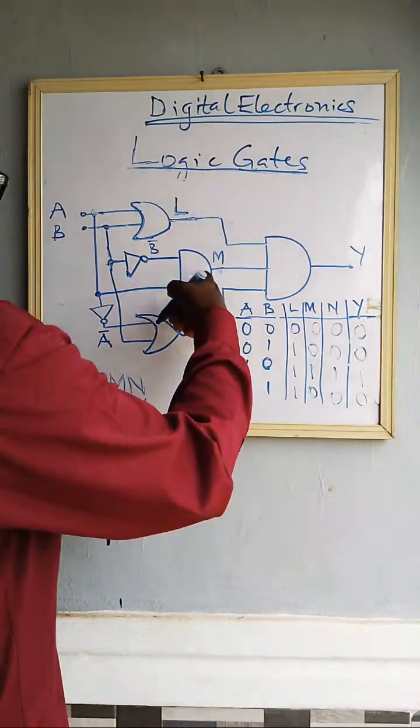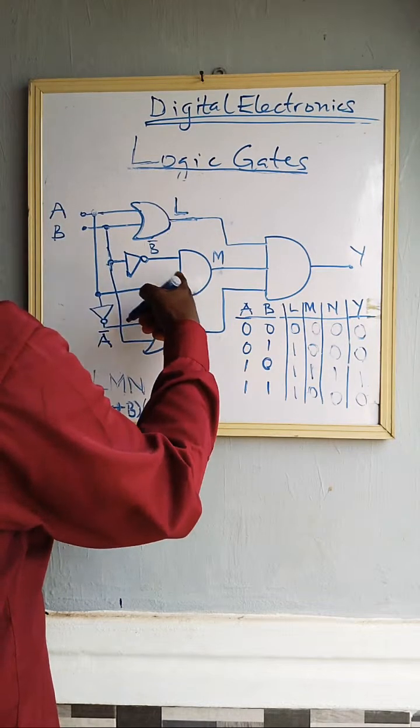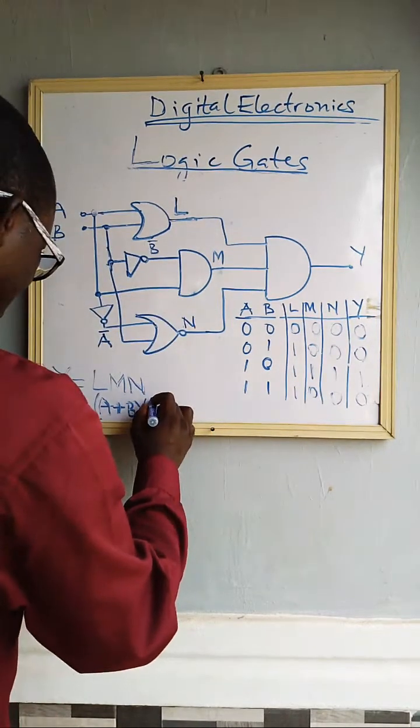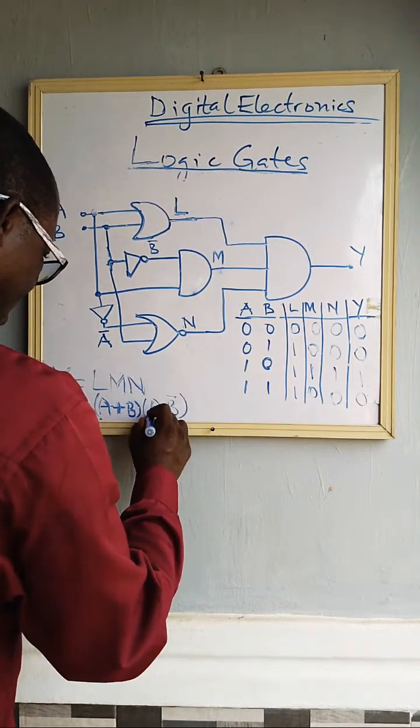M, the function M, is actually A dot B bar, A B bar.